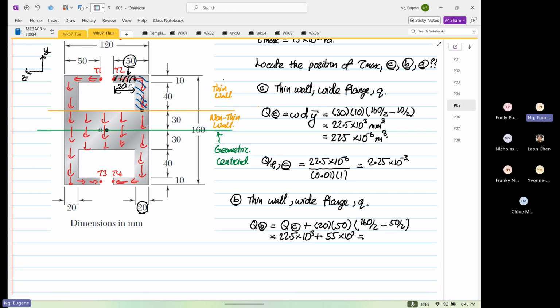So 22.5 plus 55 is equal to 77.5 times 10 to the power 3 millimeter cube. And this is equal to 77.5 times 10 to the power minus 6 meter cube now. Okay.